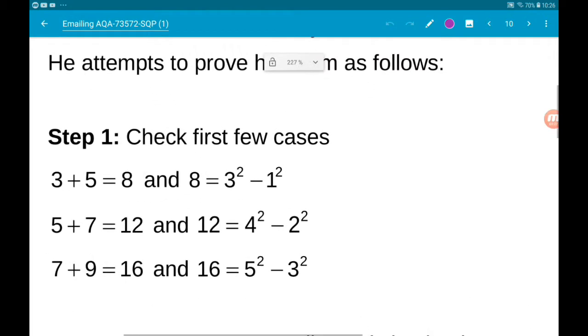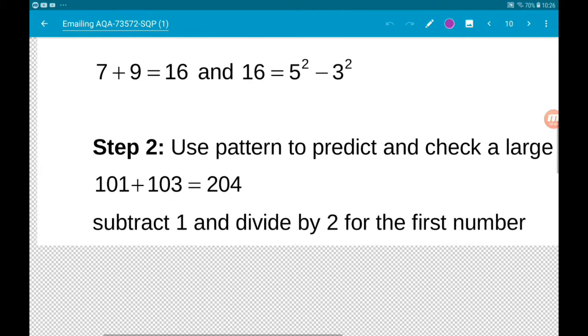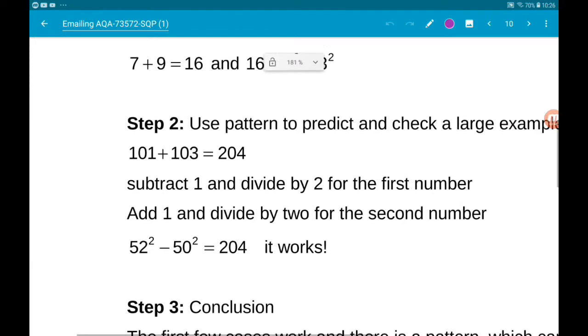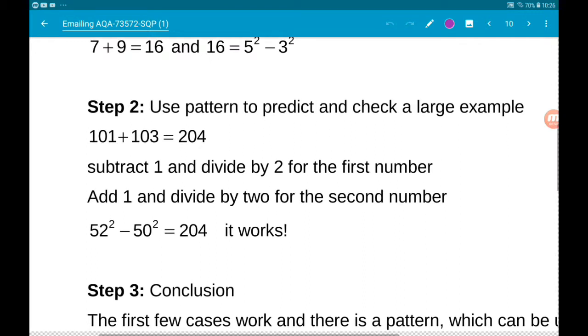So, for step 1, he's checked the first few cases, although I'm not sure what happened to 1 add 3, but never mind. So, it works for all of those. Step 2, he's used a pattern to predict and check a larger example.